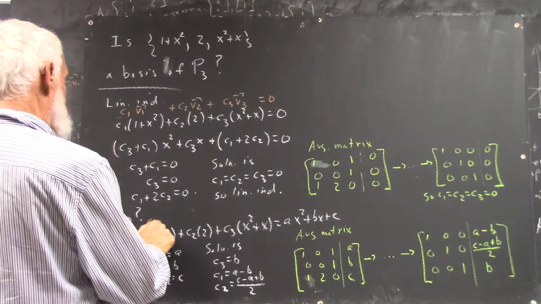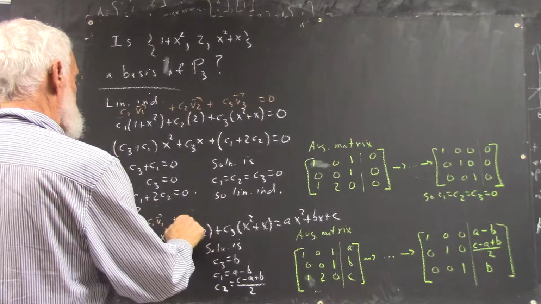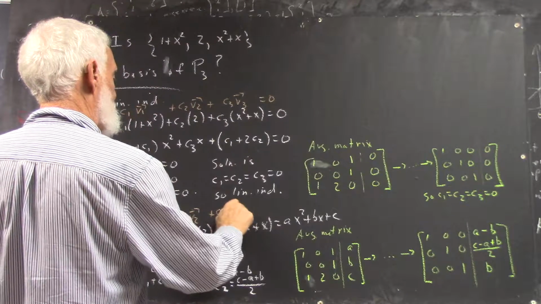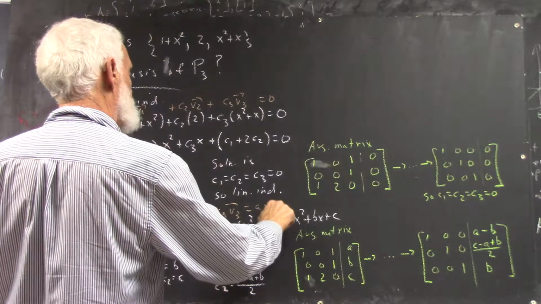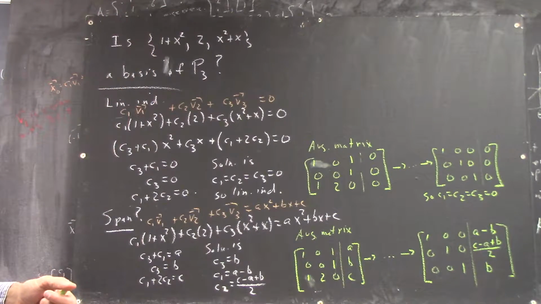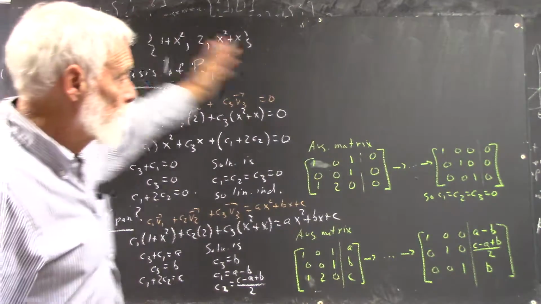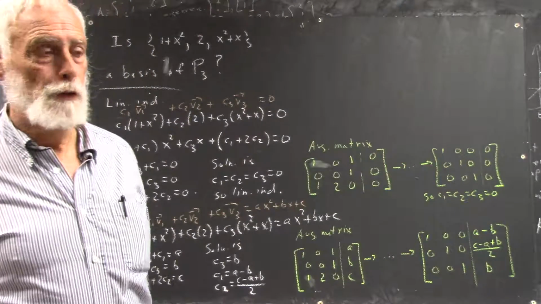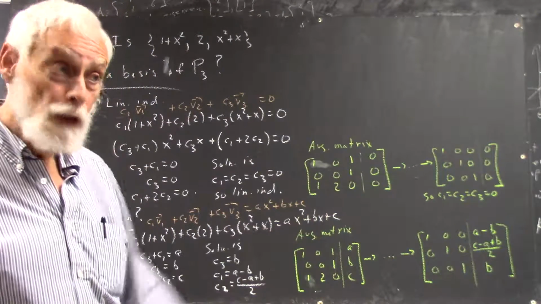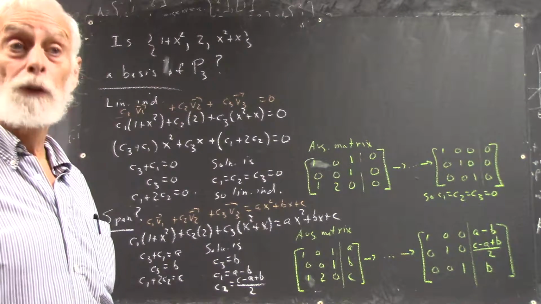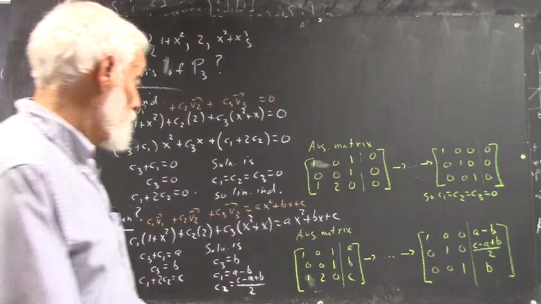And this is just C1 V1 plus C2 V2 plus C3 V3 equals AX squared plus BX plus C. Okay? So everything reduces down to matrices like we've been dealing with for 2 months. Okay? And matrix reduction, if you wish. Okay? Now we're going to make some big connections on Thursday with that whole thing.